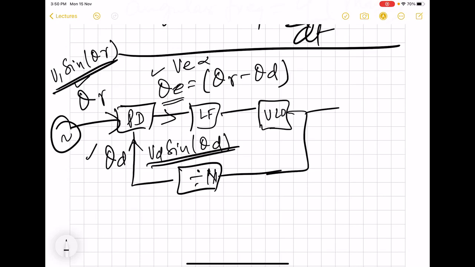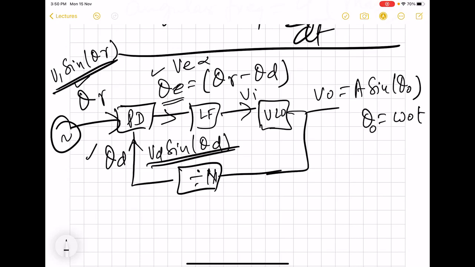And as the name suggests, VCO is of course fed with a certain input voltage, and then it produces an output voltage of this type of signal, which will have frequency omega naught.